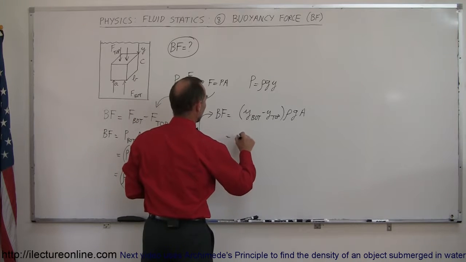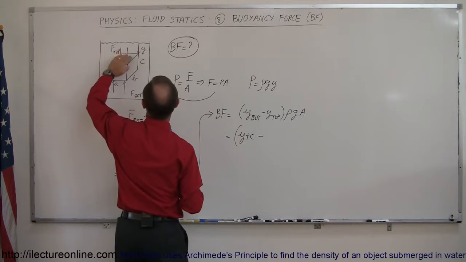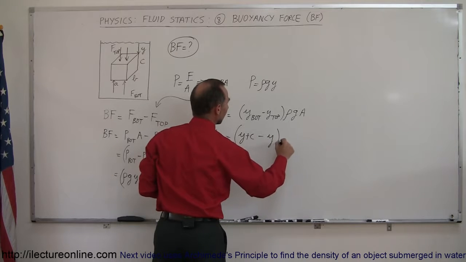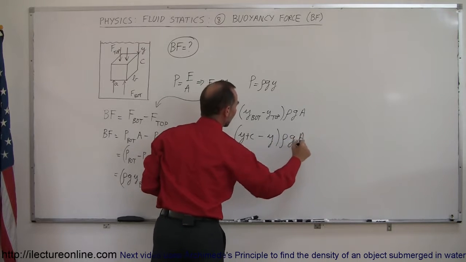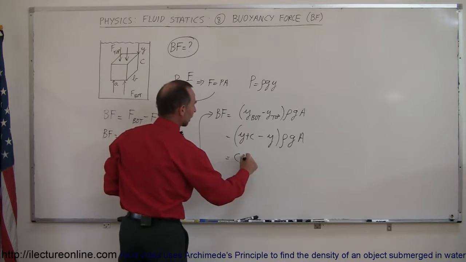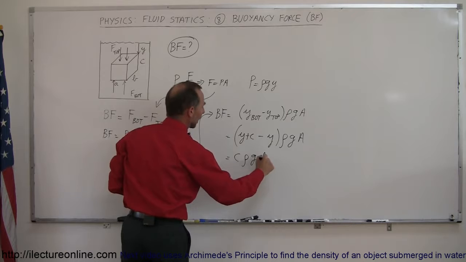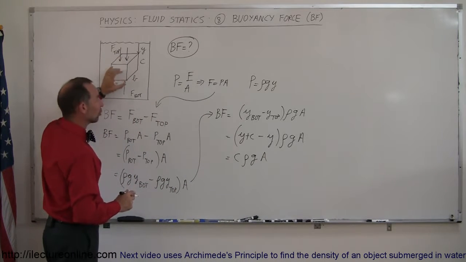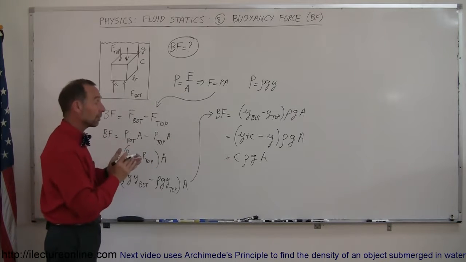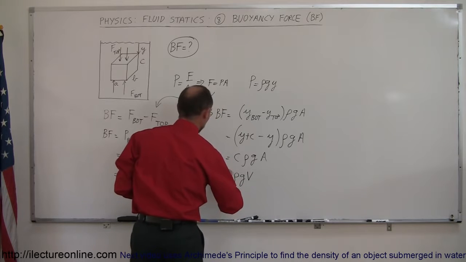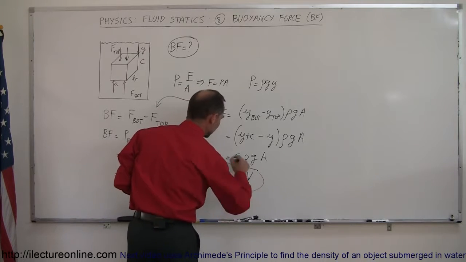So this is equal to y plus c, minus the distance from the top of the liquid to the top of the cube, which is simply y, times rho g A. Of course, y plus c minus y, the y's cancel out, so this is equal to c times rho g A. Now A is the cross-sectional area of the cube, and c is the height of the cube, so c times A is really the volume of the cube. This is equal to rho g times the volume of the cube. Now let's analyze this.